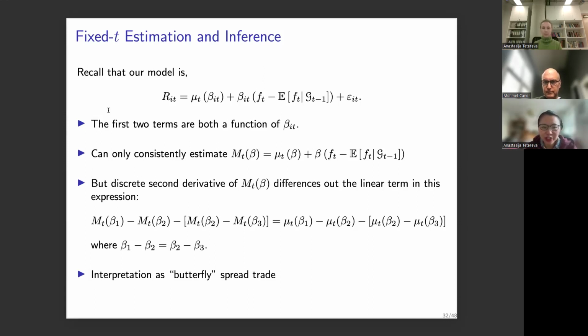Now, in the current version of the paper, we delegate all of the fixed T estimation to the appendix. For a fixed time point, if you're interested in inference, you can only make inference on the whole object, because there is just one realization, and you're never going to be able to say anything statistically about mu t. And again, we can take the diff in diff procedure, which corresponds to a butterfly trade procedure, and this helps us get rid of this term.